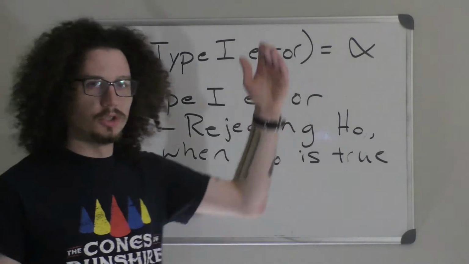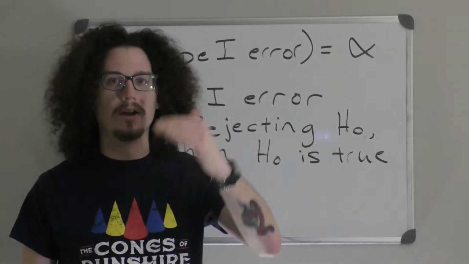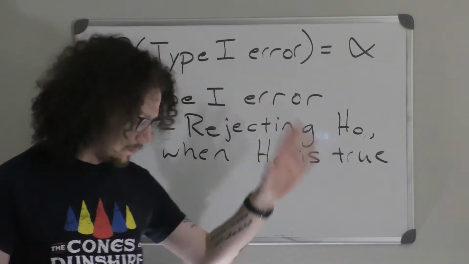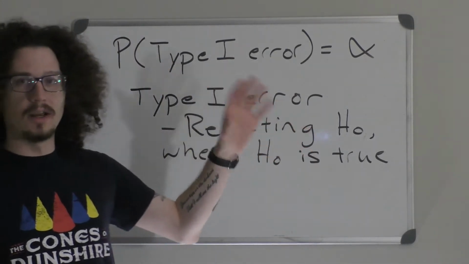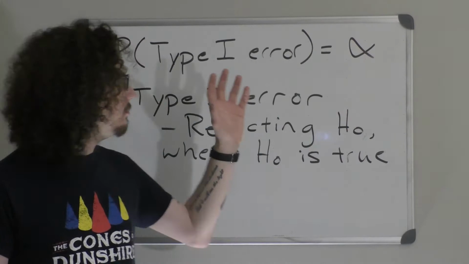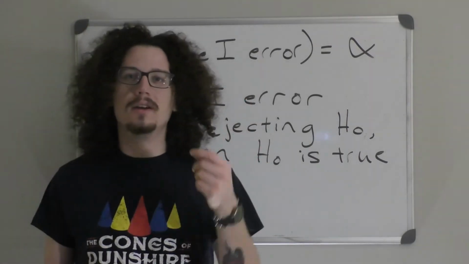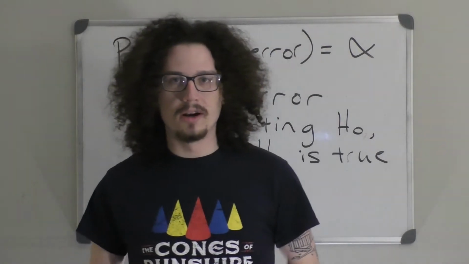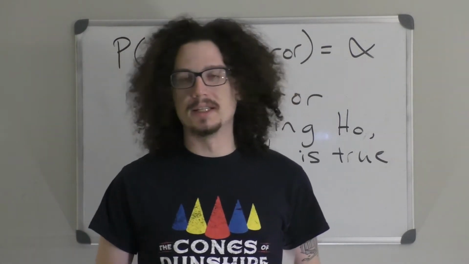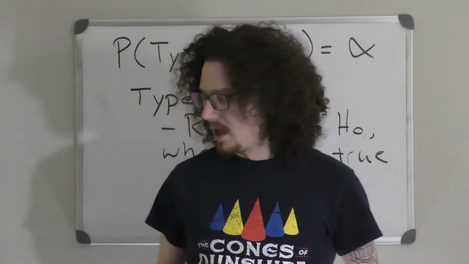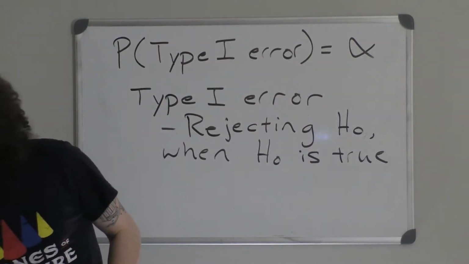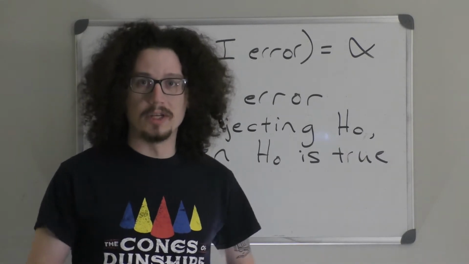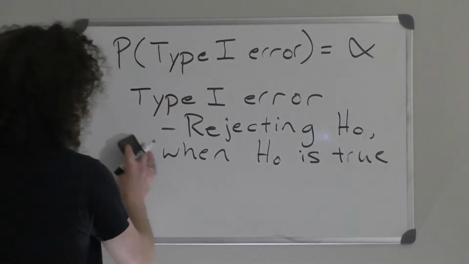Regardless, the ultimate thing here is that the significance level tells us the probability of making a type 1 error. We want to minimize the risk of making a type 1 error, and we're going to stick to those three standard confidence levels that we've already been using.